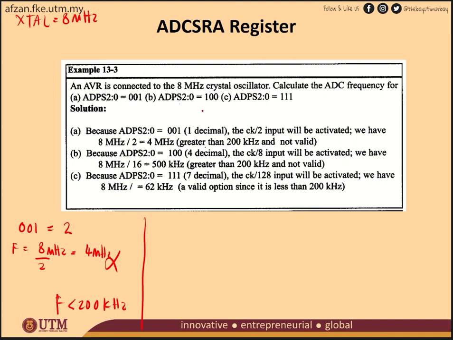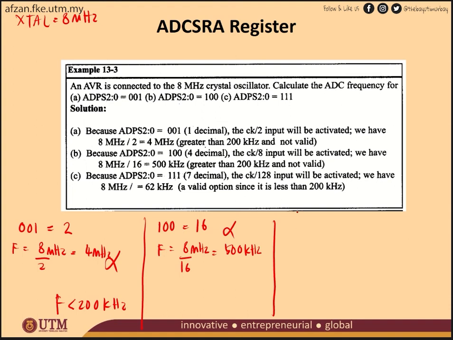Okay, next, 100. What is 100? 100 is a prescaler of 16. So F equals 8 megahertz divided by 16, and you get 500 kilohertz. Is 500 kilohertz lower than 200 kilohertz? No. So you cannot use this prescaler as well.